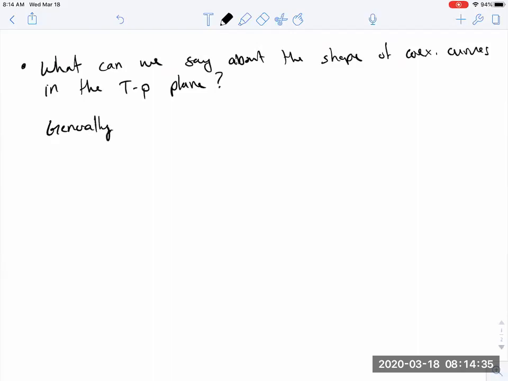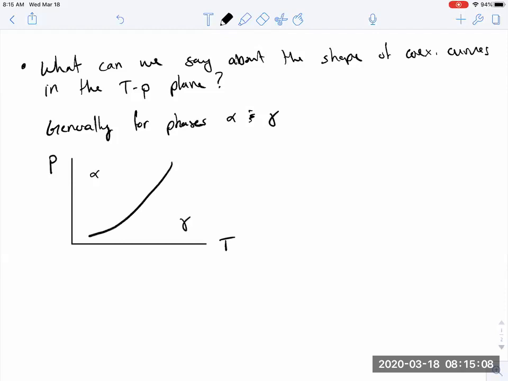Let's consider a phase alpha in contact with a phase gamma. And we'll do this in the pressure and temperature plane. Okay, let's imagine that phase alpha lives up there, phase gamma lives down here, and there is a coexistence curve that looks like this.